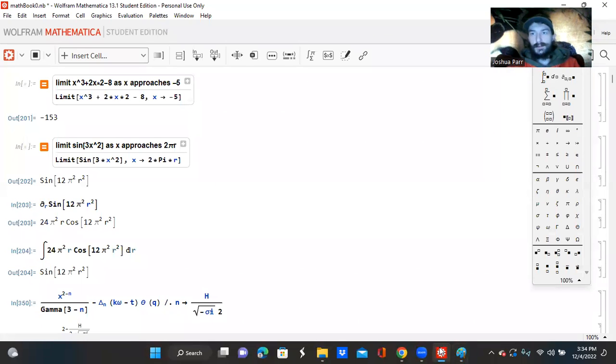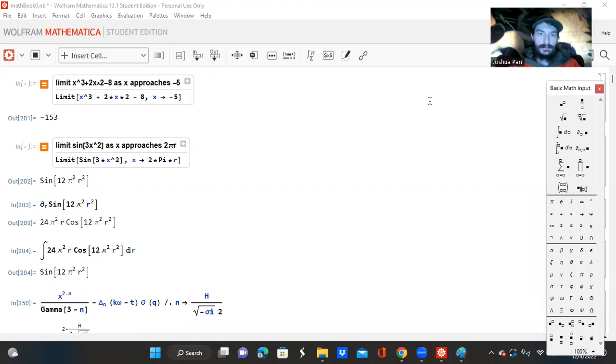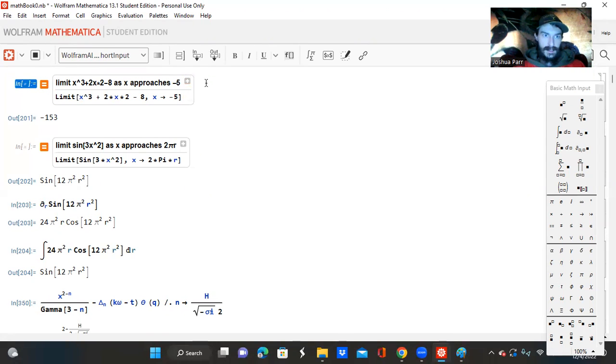Go back over to the Wolfram. I'm covered by a math input. So here we are, a little bit of functionality in the Wolfram notebook. So firstly, what I did right here is, you can see, how do I do this here?